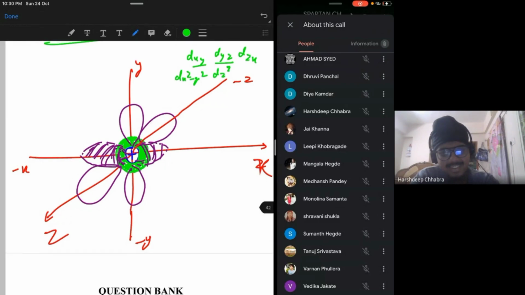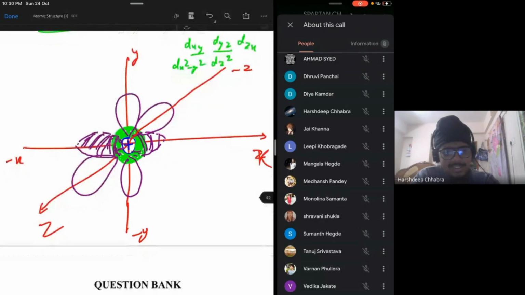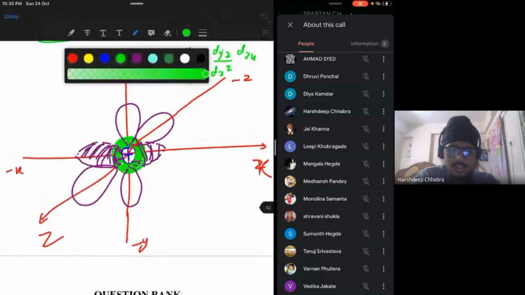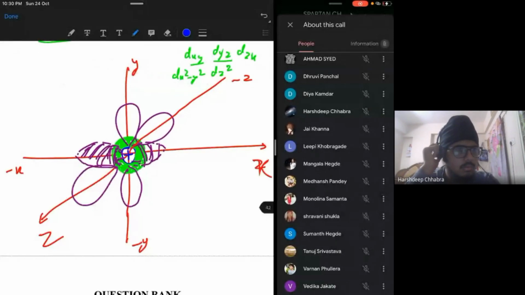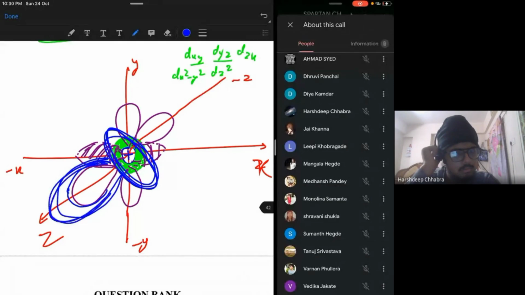So let's first draw dz². Let me take blue. This is the z axis, and we have a lobe here. This is much bigger than p, and this is the z² orbital.